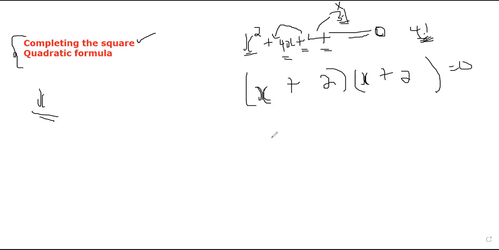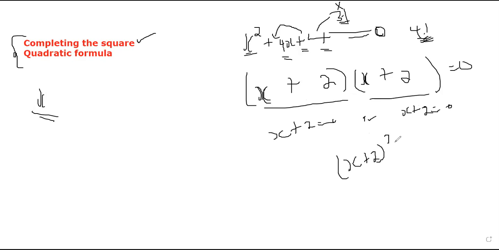And obviously from here, we'd say x plus 2 is equal to 0, or x plus 2 is equal to 0, which would give you x is equal to -2, right? Both of them. Or someone else would say this is the same thing, so simply say x plus 2 squared is equal to 0.